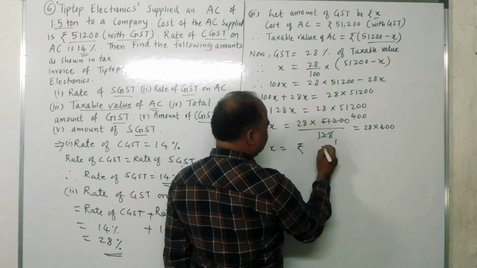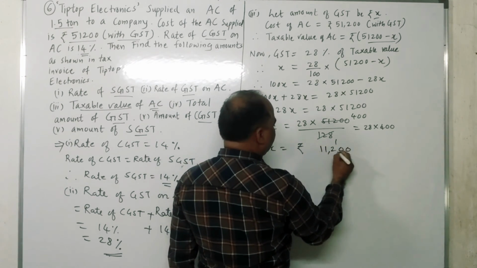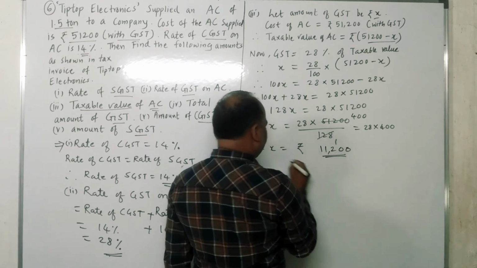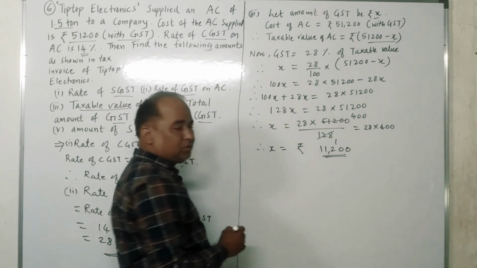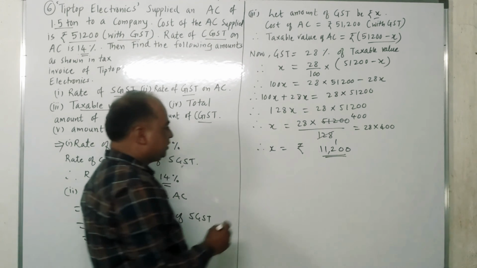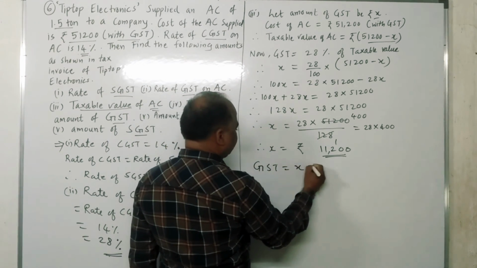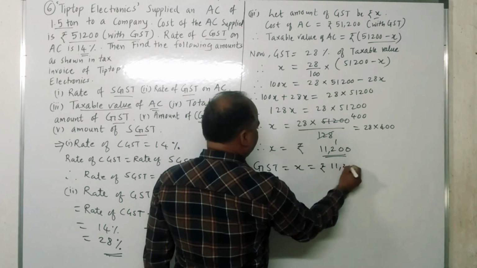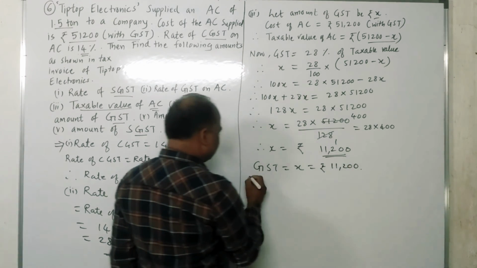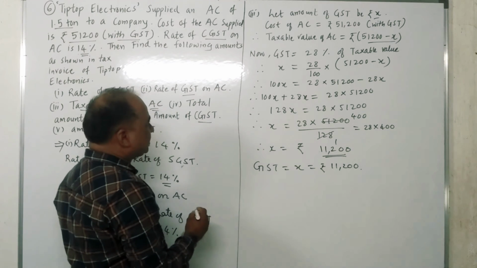That is the GST. Total GST is x, which is equal to rupees 11,200. So we have to find the taxable value.